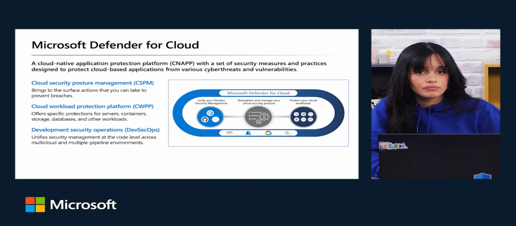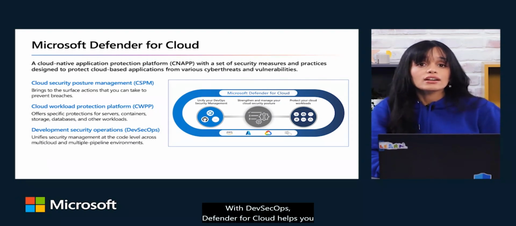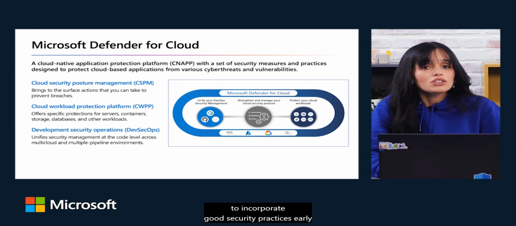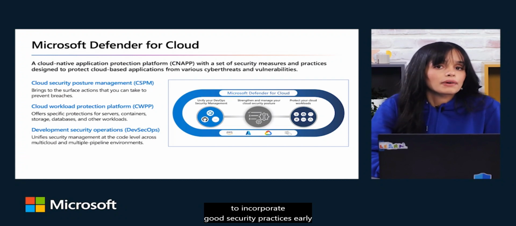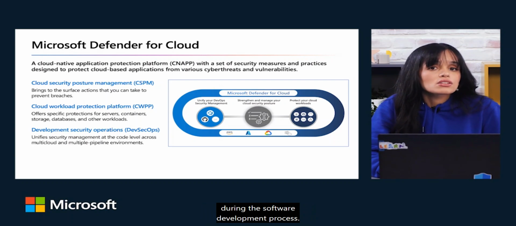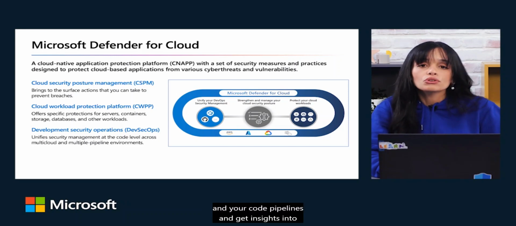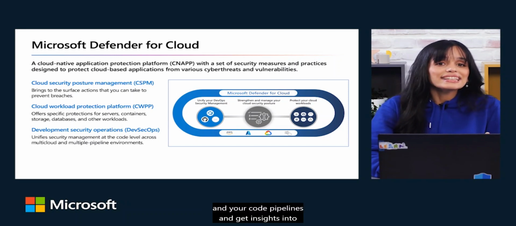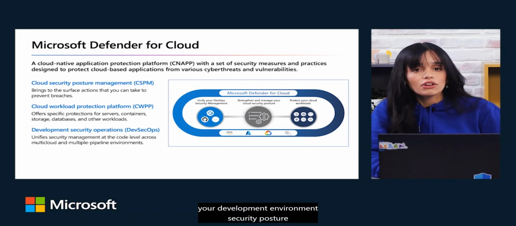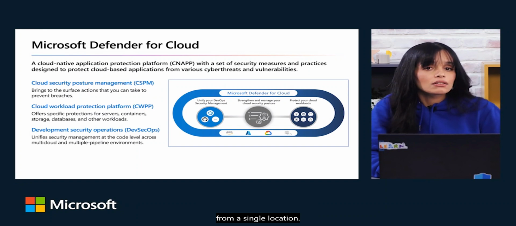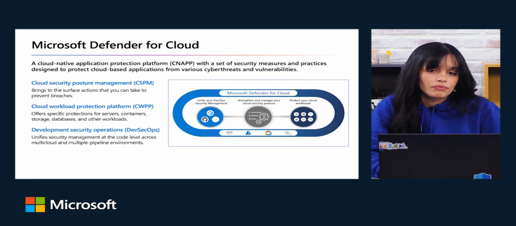CWPP. With DevSecOps, Defender for Cloud helps you to incorporate good security practices early during the software development process. You can protect your code management environments and your code pipelines and get insights into your development environment security posture from a single location.